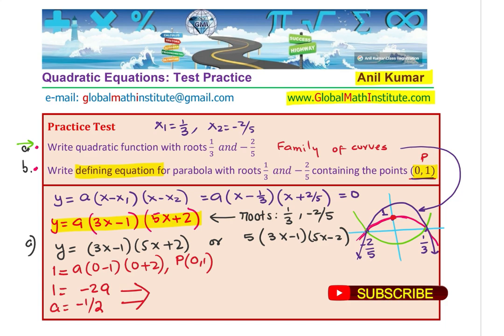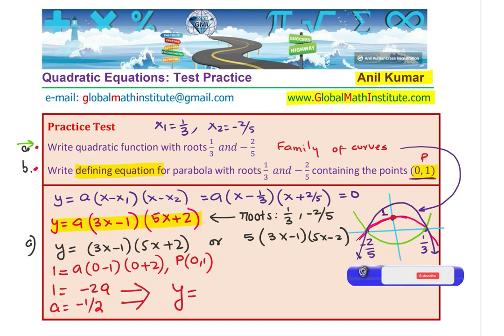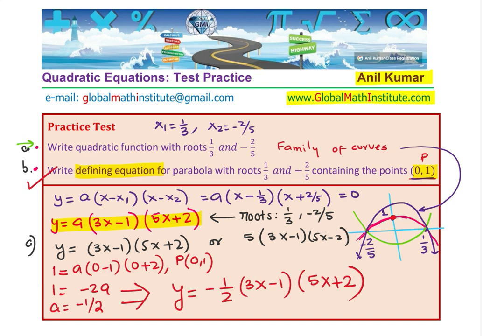So I get the equation as y equals minus half times 3x minus 1 times 5x plus 2. So that becomes the defining equation, which has the roots specified as 1 by 3 and minus 2 by 5, and also the point, which is the y-intercept 0, 1. Is this concept clear to you? That is what I wanted to emphasize.